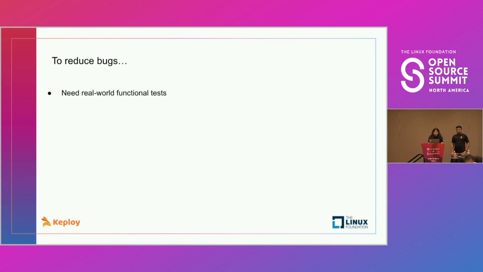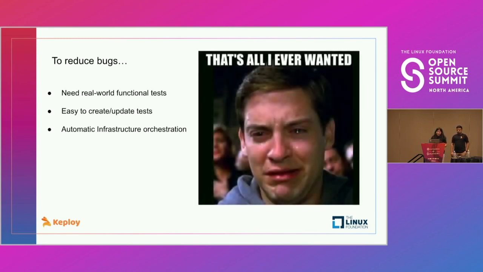And we needed a tooling that could create the test cases and update the test cases so easily that we don't really have to spend time on it. And we needed something that could automatically orchestrate the testing infrastructure. So that's all we needed, nothing much.